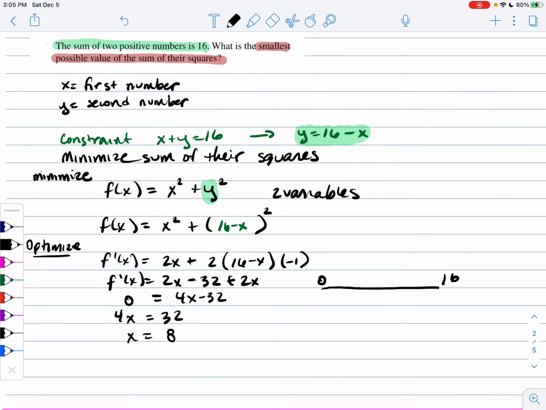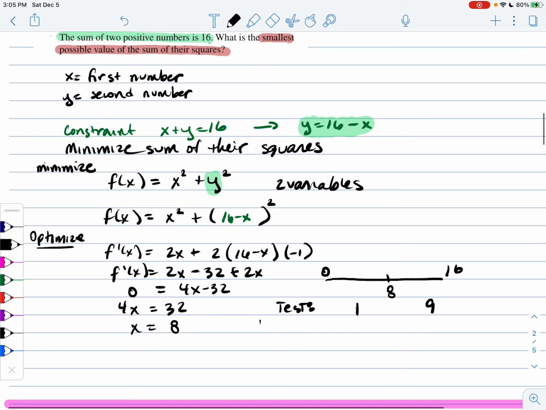And if I put 8 right in the middle, I can pick a test point, right? My test point between 0 and 8, I'll pick 1. And between 8 and 16, I can pick 9. And my derivative here was 4x minus 32, right? Then if I plug in 1, I'm going to get a negative. So that tells me f of x is decreasing.